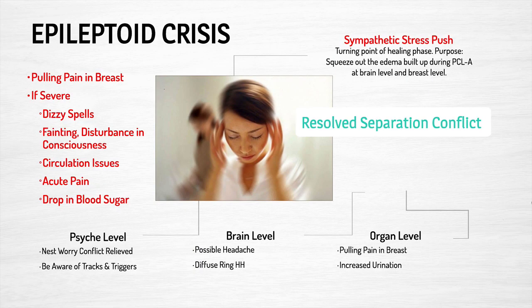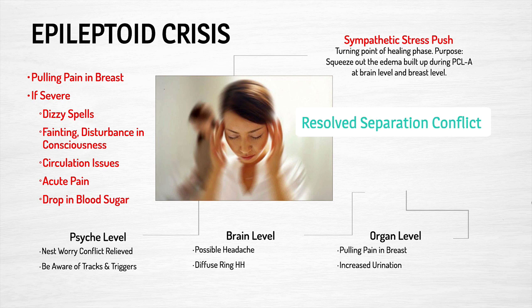So the epileptoid crisis related to a ductal breast cancer, you'll get this pulling pain in the breast. If it's a severe conflict and it went on for a long time, you may have dizzy spells, fainting, circulation issues, some acute pain, or even a drop in blood sugar when you have your epileptoid crisis. But again, this is that sympathetic stress push.